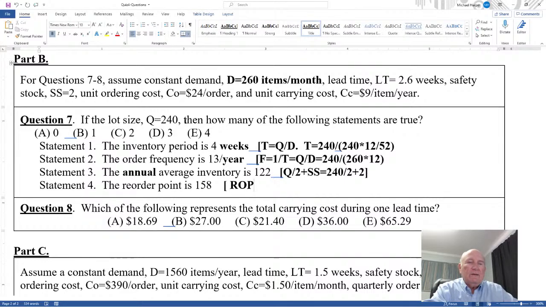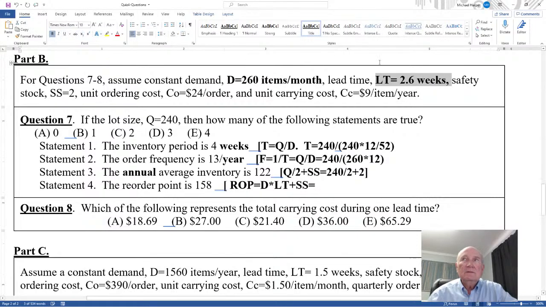Our ROP equals demand times lead time plus safety stock. Lead time is in weeks. Demand's in months. So we have to transform either weeks to months or months to weeks. Let's transform months to weeks.